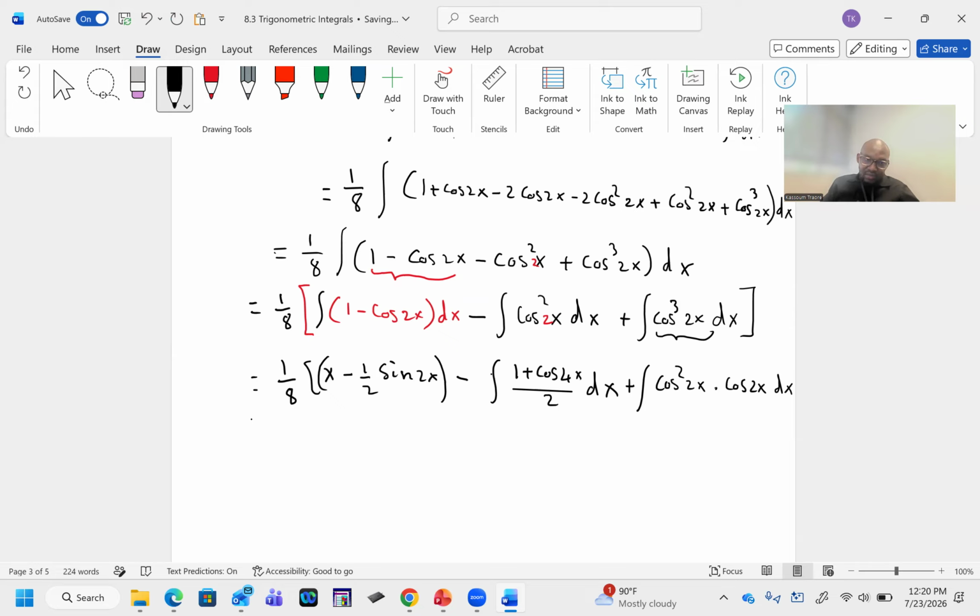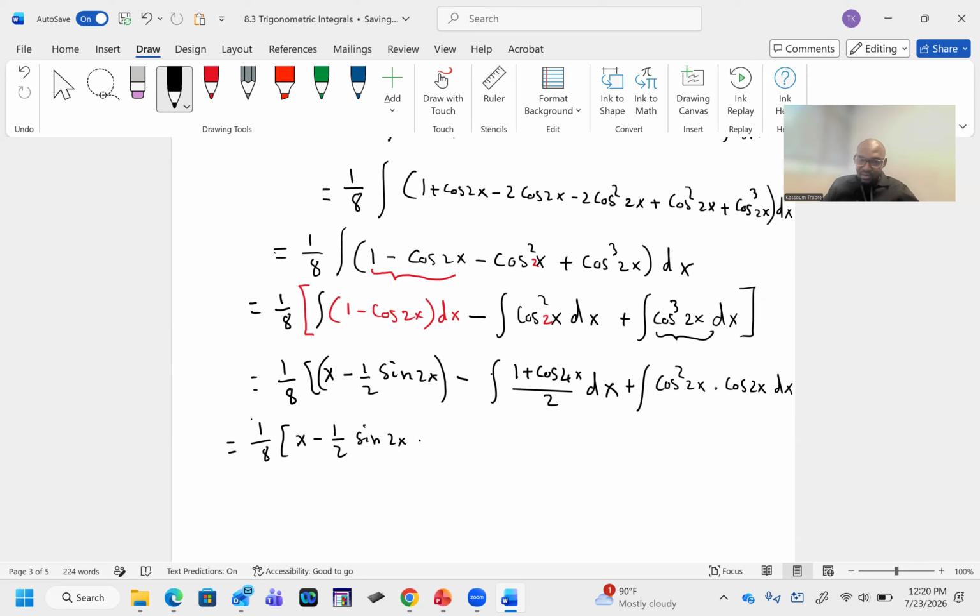So we will have 1/8 bracket. We have already solved x minus 1/2 sine of 2x. And same thing here, we can solve this one.